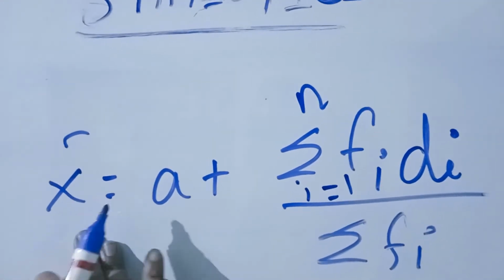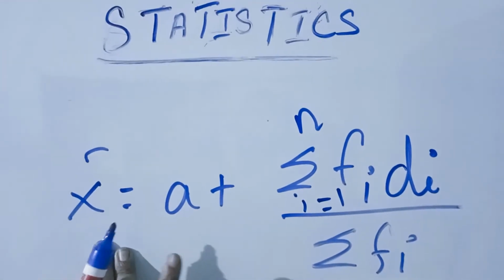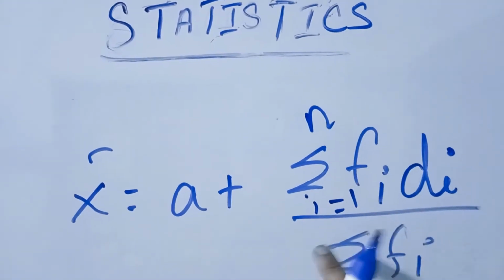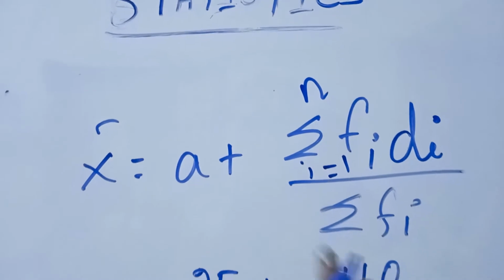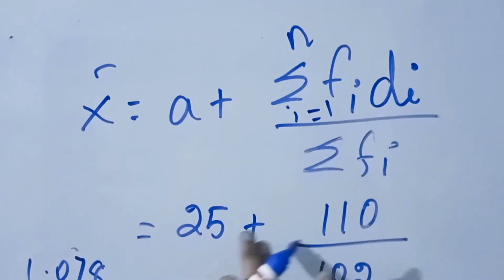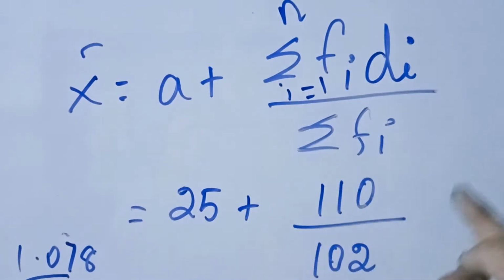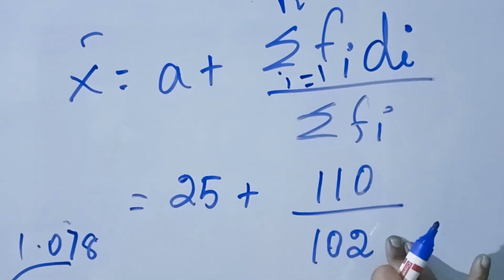So the shortcut method, or assumed mean method, formula: x bar is equal to a plus sigma i equal to 1 to n Fi di divided by sigma Fi. We know a equals 25, sigma Fi di value 110 and sigma Fi 102.